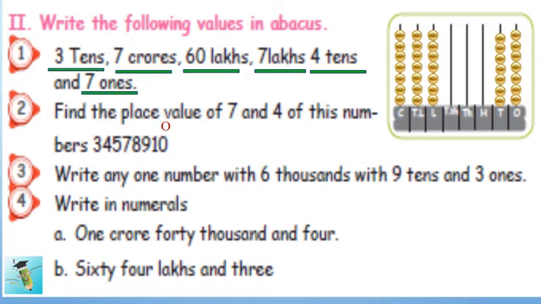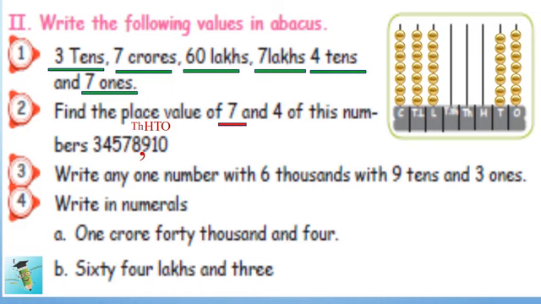Okay, fine. Then come to the second question. Find the place value of 7 and 4 of these numbers. They have given numbers, and from these numbers they ask the place value of 7 and the place value of 4. It's easy, isn't it? Just have a glance.